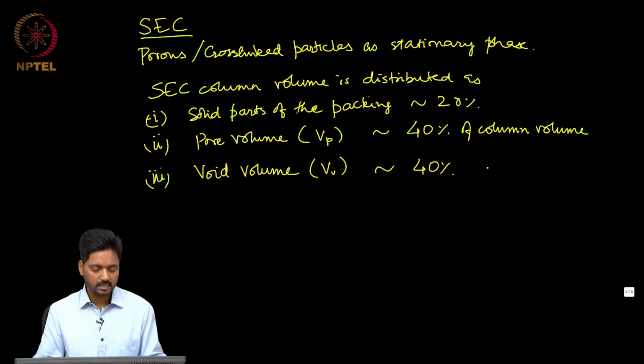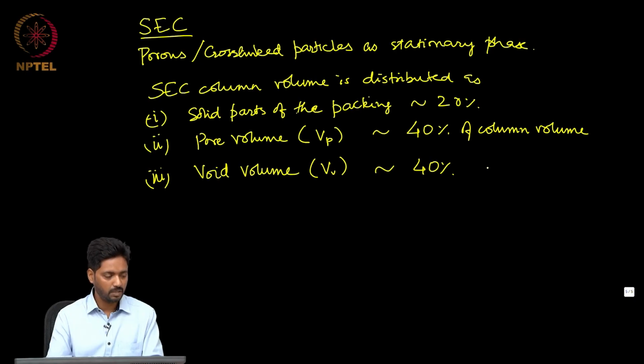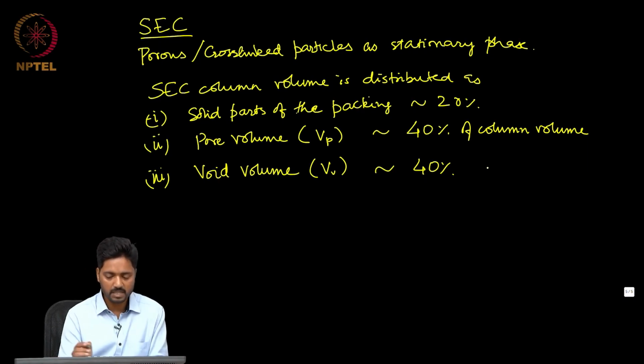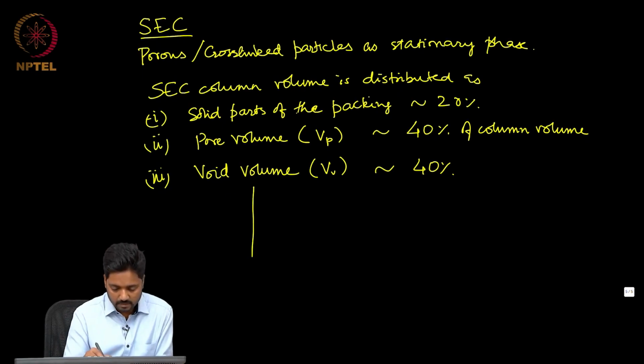So, we see that both the pore and the void are occupying large volume fractions in the size exclusion chromatography column, and in the pores the large molecules will not enter, while in the voids the large molecules or macromolecules will enter and will pass through the column more quickly.